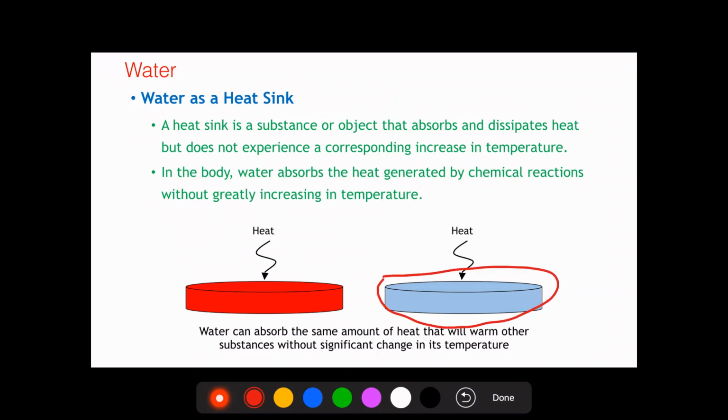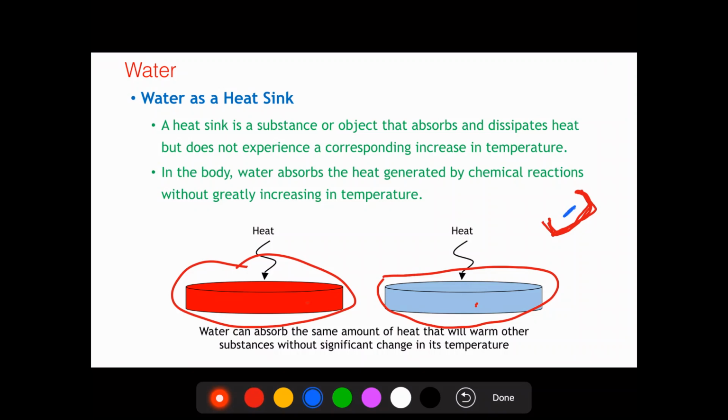Take the same amount of water compared to steel, for example. The steel will turn red immediately, whereas water would remain water. Think of, for example, making a cup of tea in a stainless steel pot. The stainless steel pot would immediately turn red, and you can't touch it if it was empty.